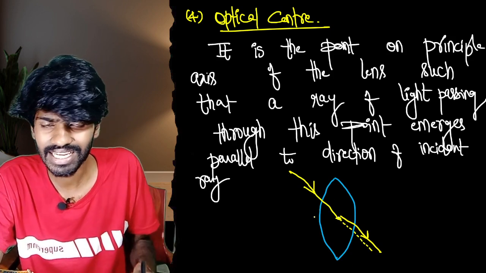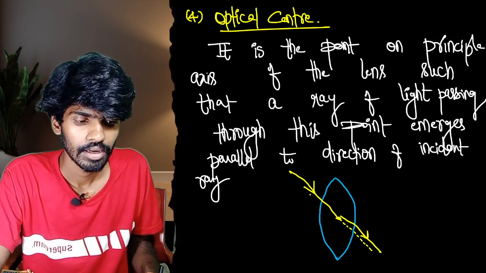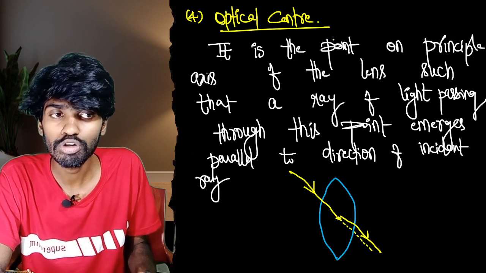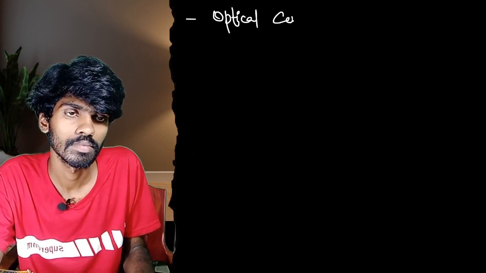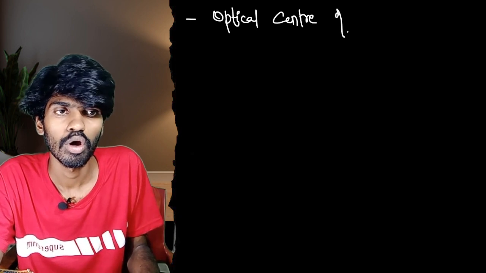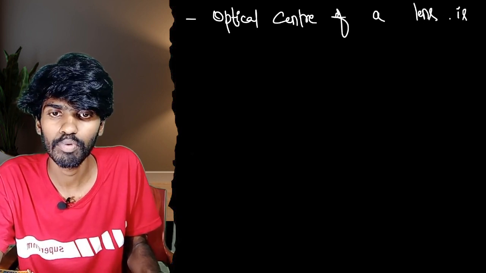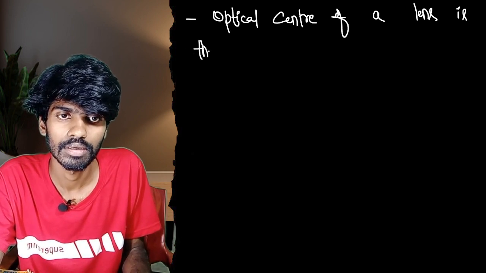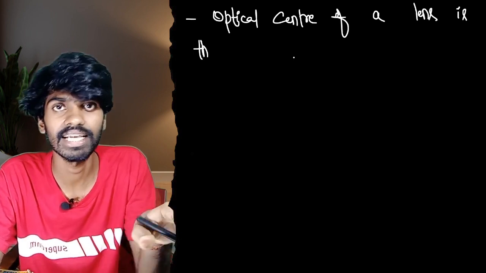Okay, so there is another definition you can write for optical center, which is a more general definition. However, specifically you can say the optical center of a lens is that point. Actually, this definition we are writing for a thin lens particularly.